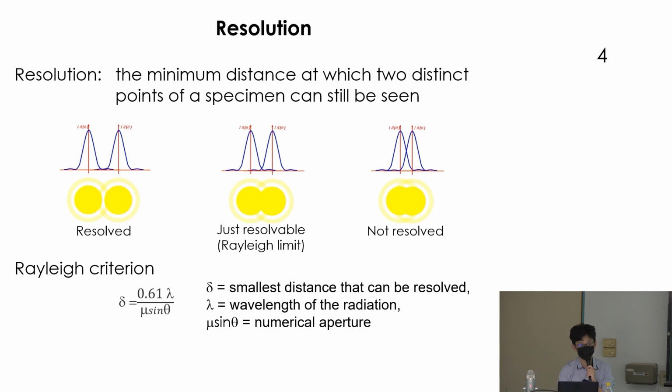Mathematically, it can be written down like this, the so-called Rayleigh equation. We look at this equation. The resolution here, delta, is equal to 0.61 lambda, where lambda is the wavelength, over mu sine theta.